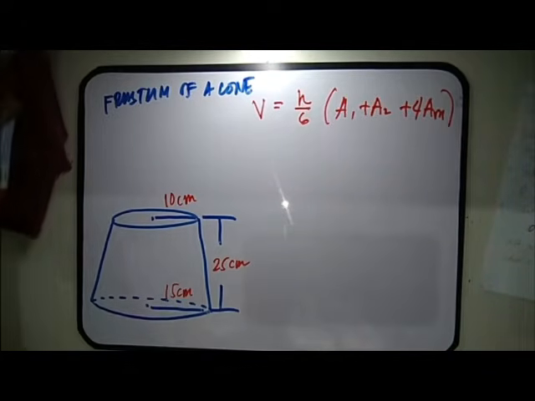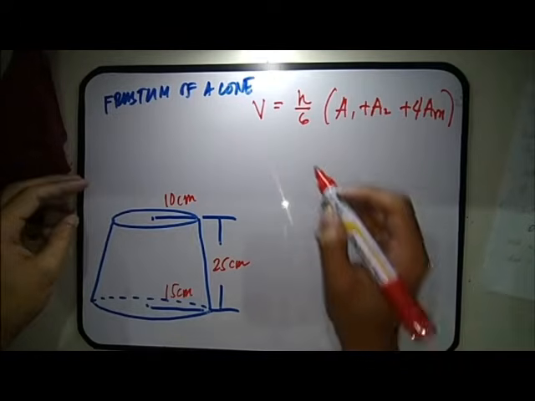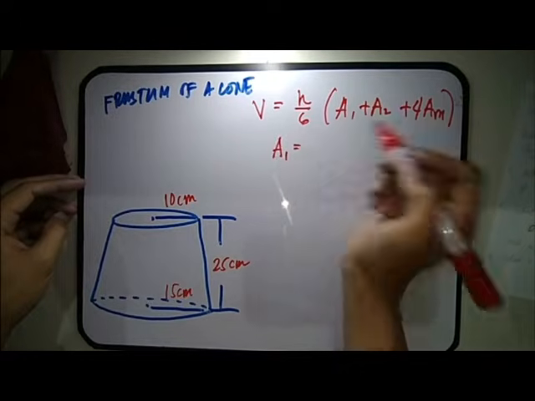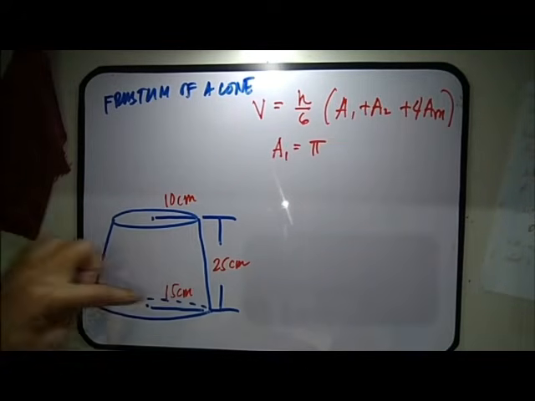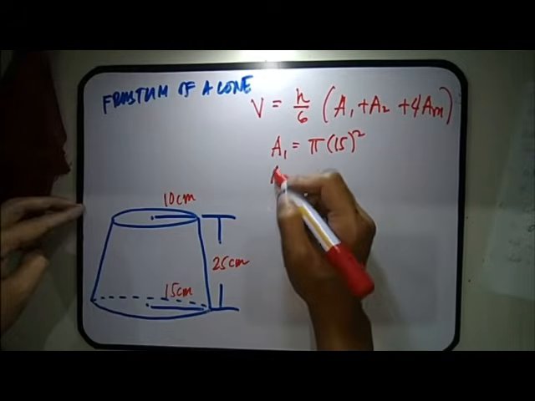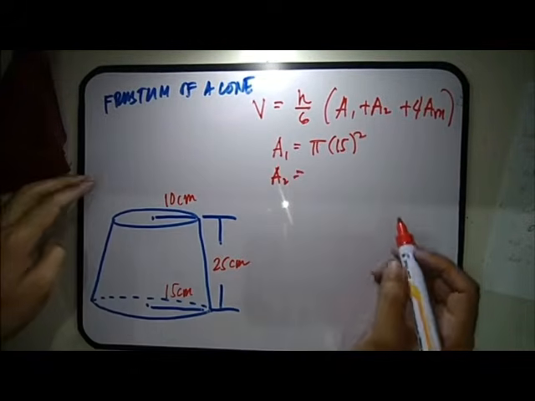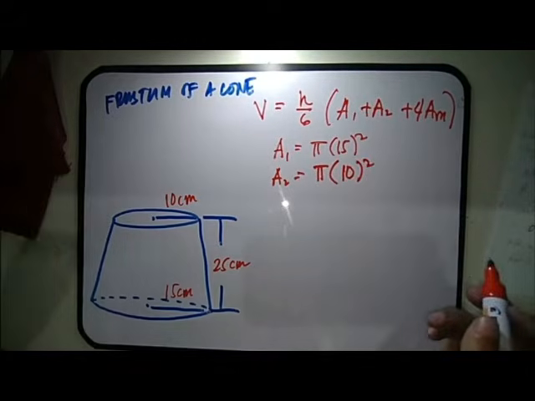So here we have A1, which is either the bottom or top. A1 is equal to pi r squared, just a circle, so 15 squared. A2 is the top, so it's pi times 10 squared.